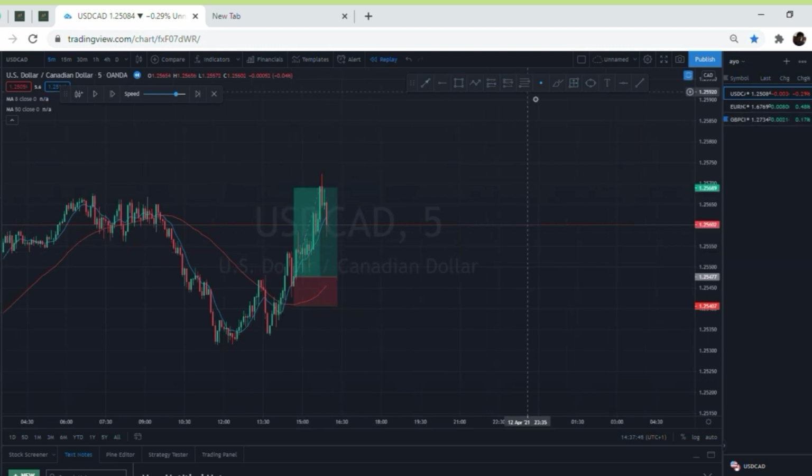So now we had one. So I'm just going to be bringing out my calculator just to show. So now we are risking just 1% per trade. So now we had 3.